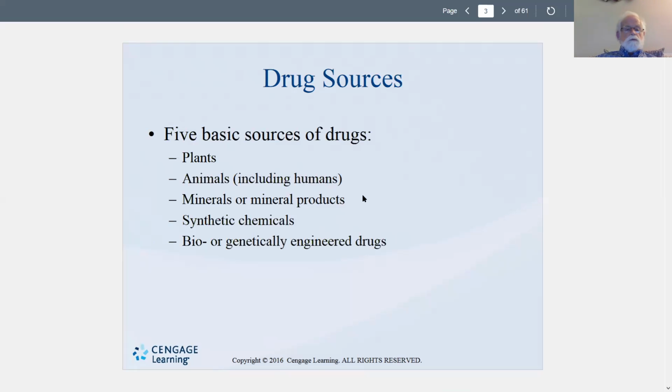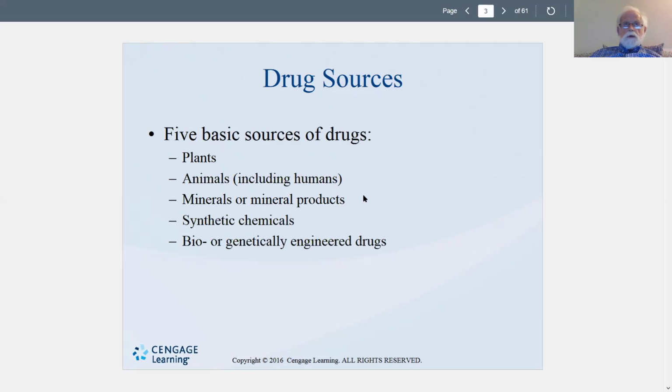And we still do all of those. Not so much animals anymore, even though they're saying here, including humans. Few products now are isolated from people because we've had problems with diseases being transferred, like AIDS. So we don't have a lot of animal sources.